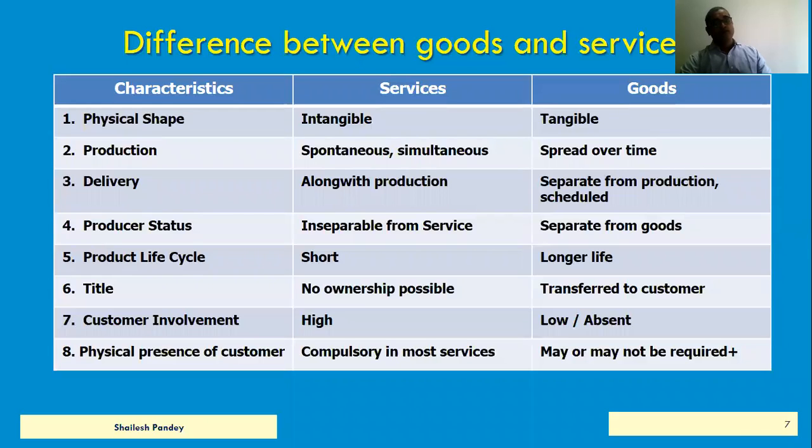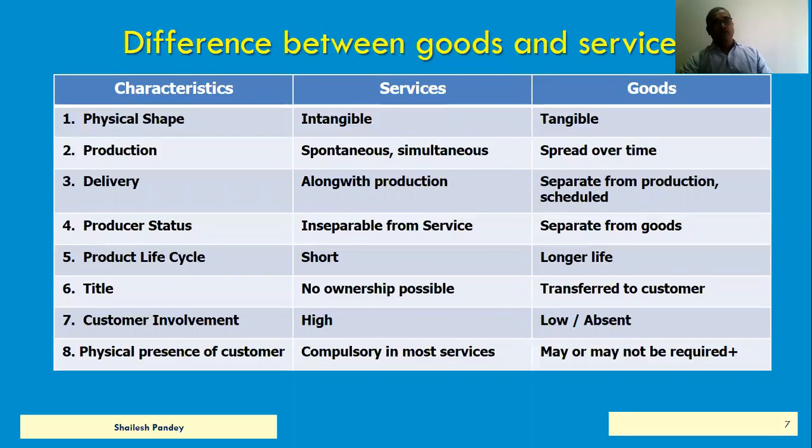How and on what parameters the goods and services are different. So the first characteristic on which services and goods are different is physical attributes. Services are intangible, meaning you cannot touch or see the services. Goods are tangible, you can see and touch the goods. Production of services is spontaneous and simultaneous. Means what?